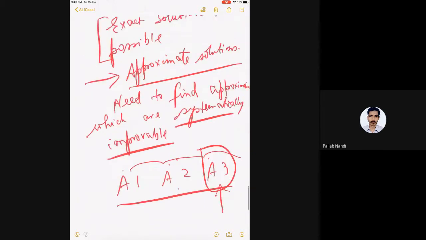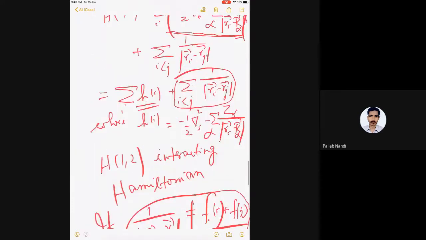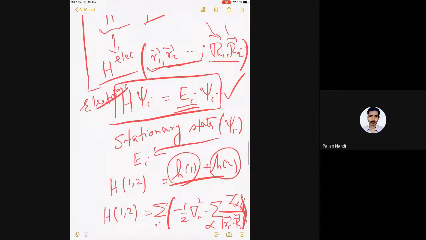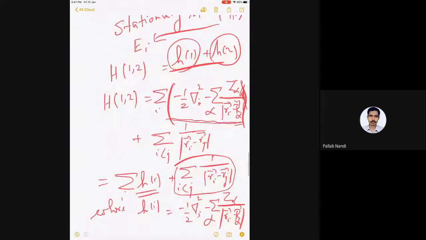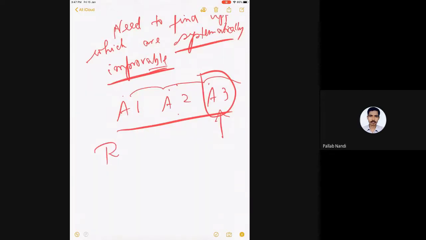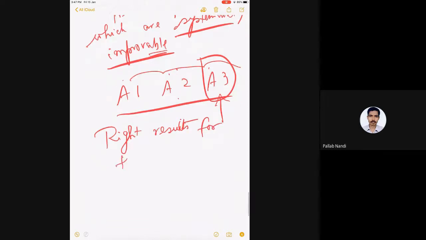But the solution that we will look for in the ab initio, or I will define ab initio just now, for this electronic part will be systematically improvable. That is very important. You don't have to necessarily improve it, but you should know how to improve it. So very often in electronic structure theory, we paraphrase, it is not important to get just the right results, but you must get the right results for the right reasons.